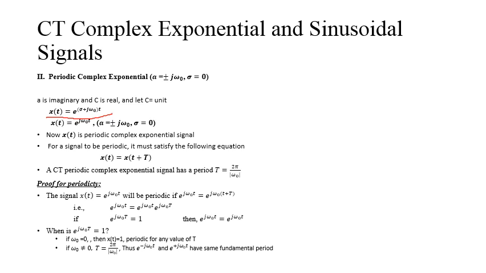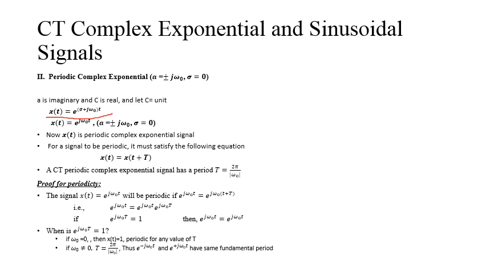So in that case, when we had only the sigma or the real part, if the sigma was positive, it was exponentially growing. If sigma was negative, then it was exponentially decaying. And when sigma equals 0, we have the constant or DC signal, right? So it can be positive if C is positive, and it can be negative if C is negative.